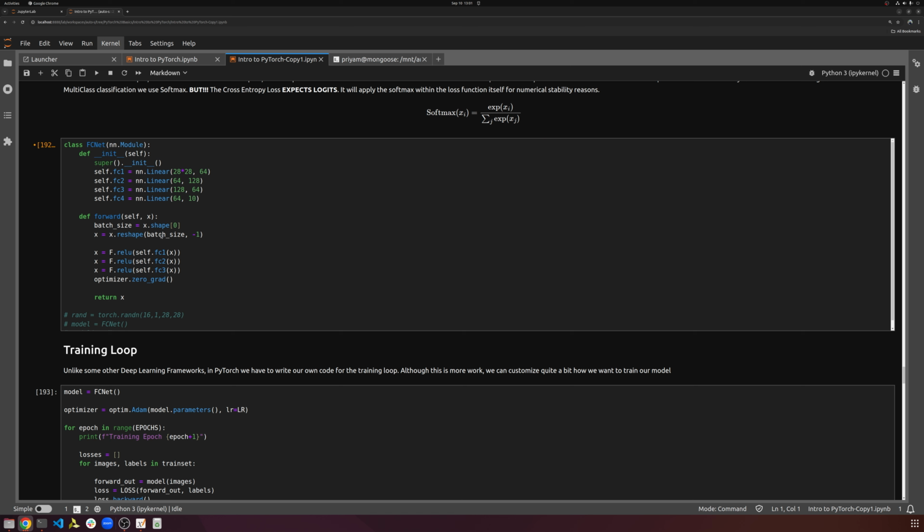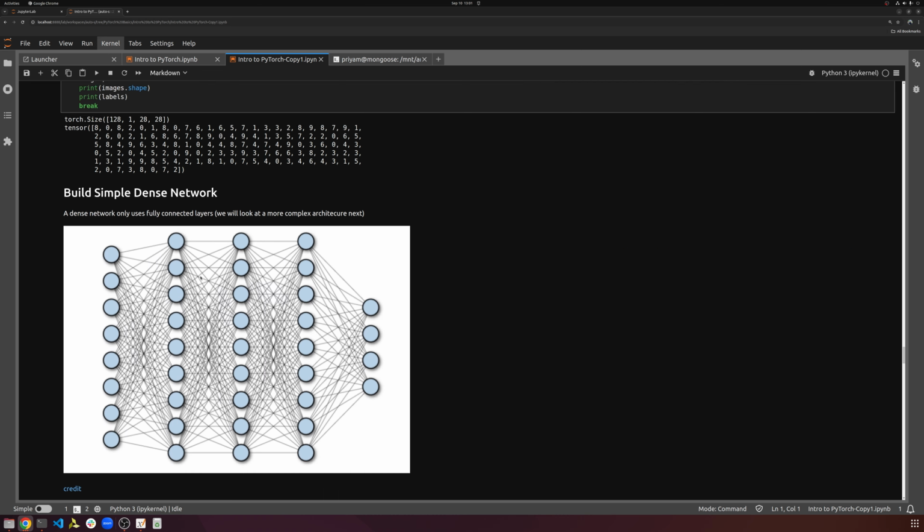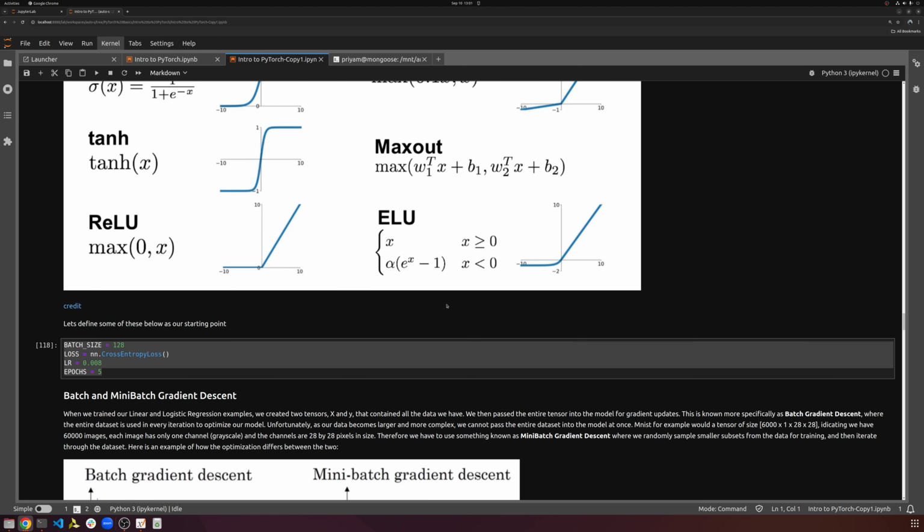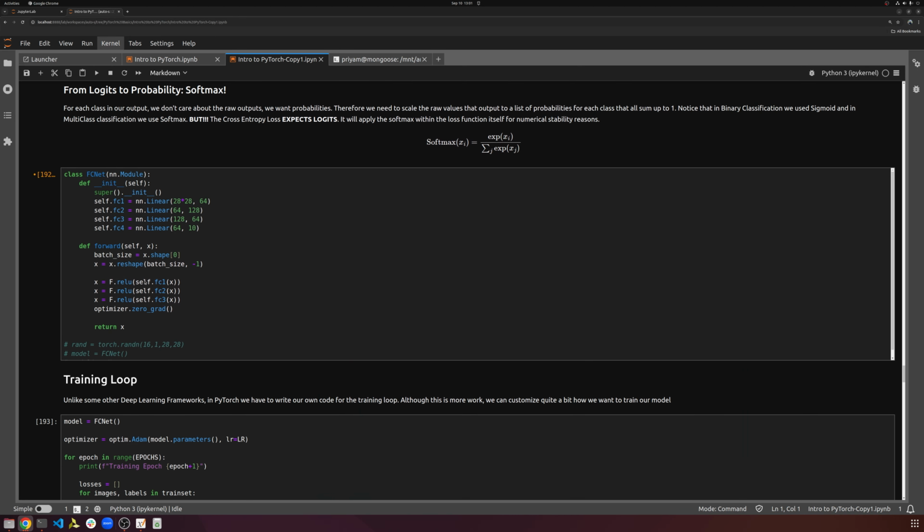Because if you just have a stack of linear computations, then the only relationship you can ever express is a linear one. But by including some non-linearity, regardless of what it is, like ReLU or sigmoid, and there are way more than this, a variety of these activation functions, you get these kinds of results.